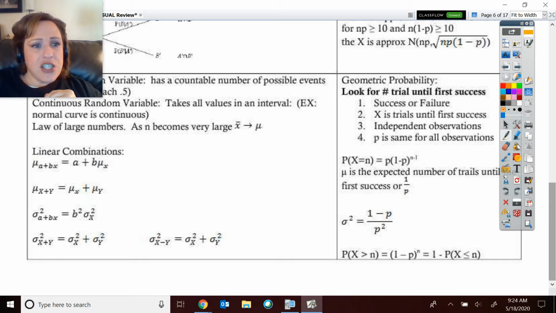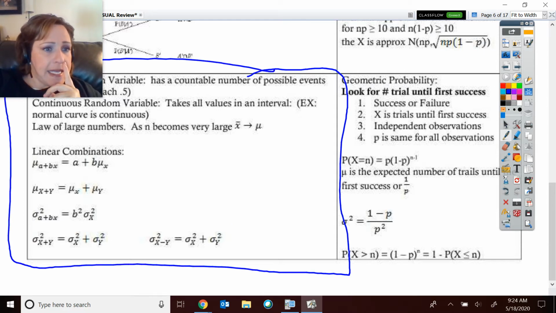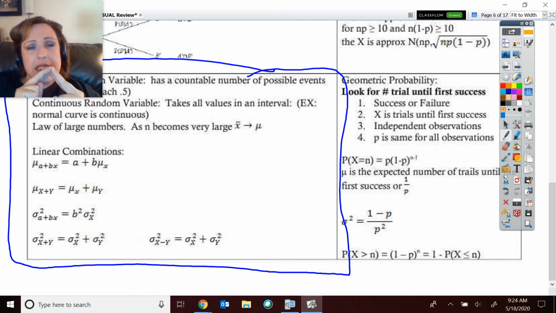Okay, and geometric. Here is something that I left off my summaries of my units: the combining of the variables. You cannot just combine, add or subtract the standard deviations. Those have to be squared, the Pythagorean theorem of statistics.